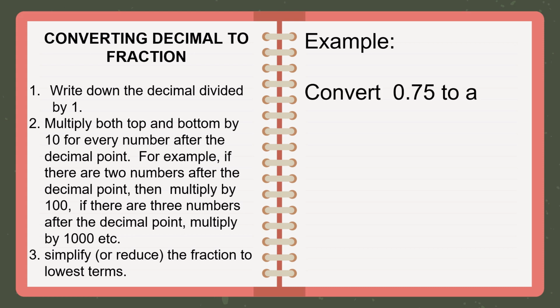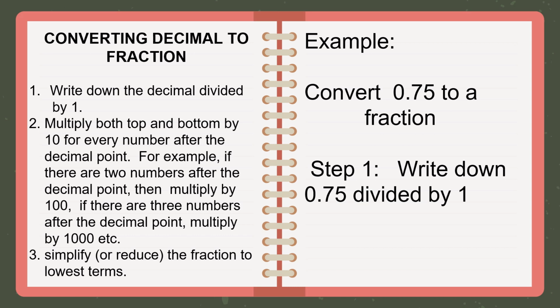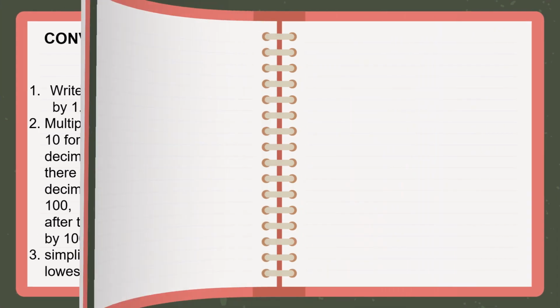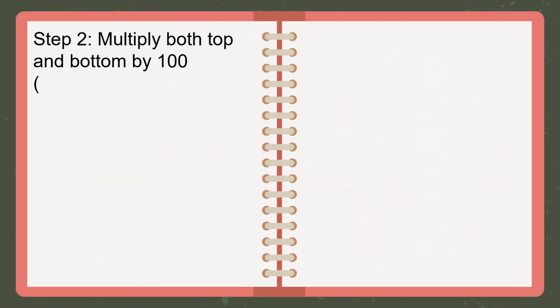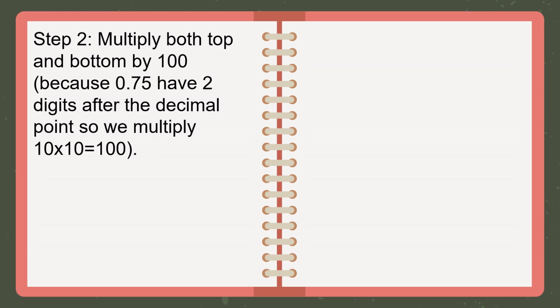Let's have this example. Convert 0.75 to a fraction. Step 1. Write down 0.75 divided by 1. Step 2. Multiply both top and bottom by 100.